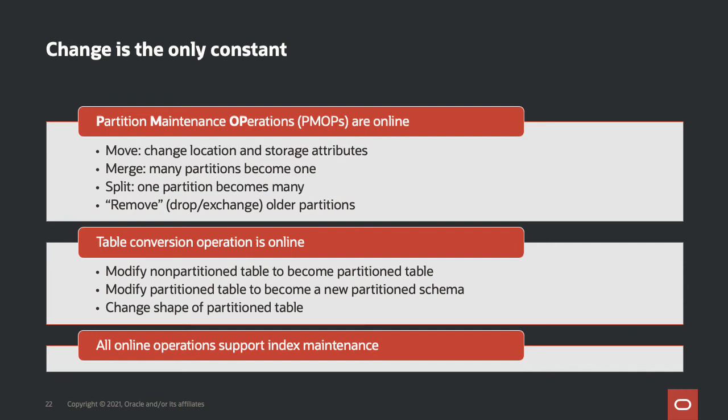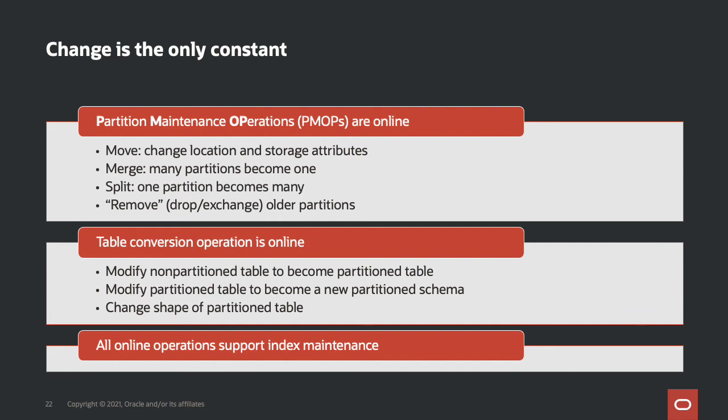Table conversion operations enable you to address the ever-changing business requirements. You can modify non-partitioned tables to become partitioned tables if the data volume reaches the threshold where partitioning makes sense, or the business use case requires you to partition a table.